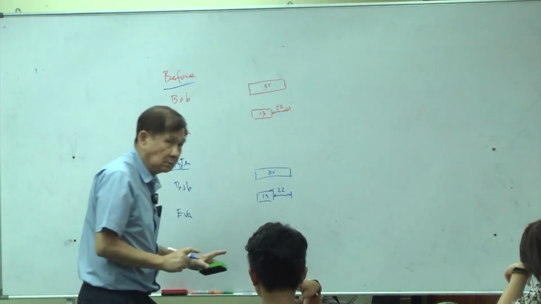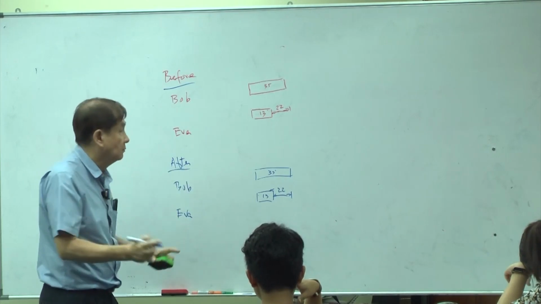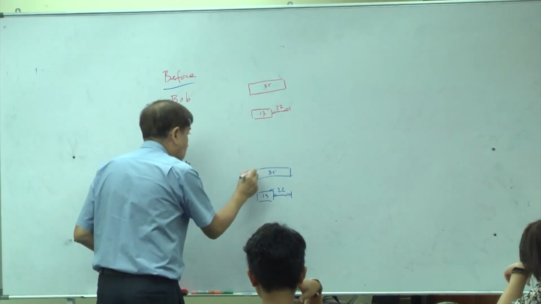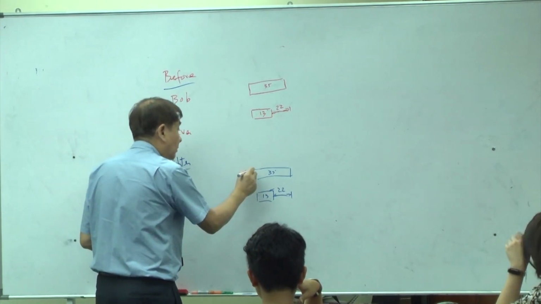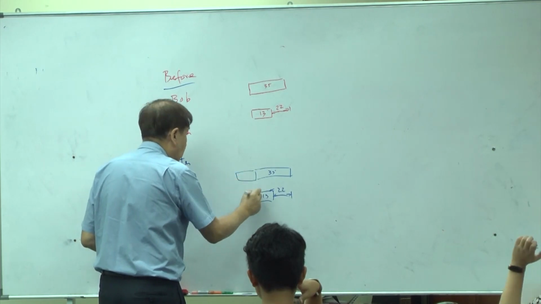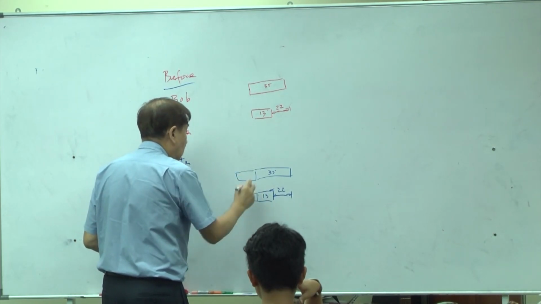This before, right? After a period of time, I don't know how long that is. Remember I told you I have to draw on this side? I don't know how long that is. Okay, it's unknown.